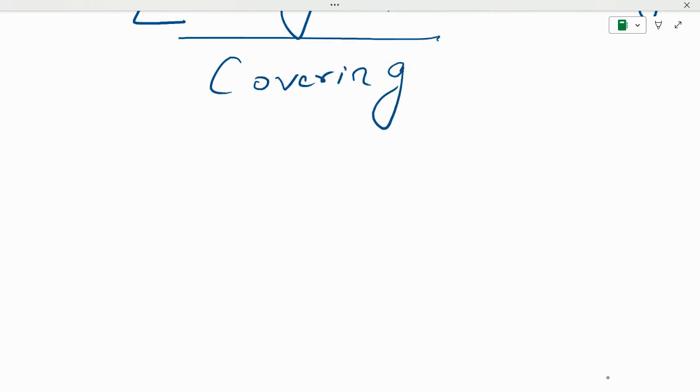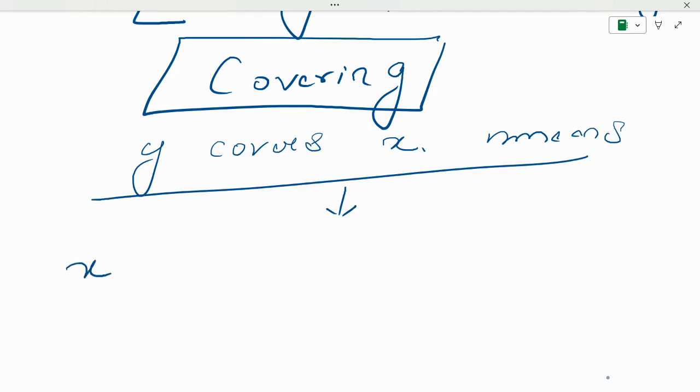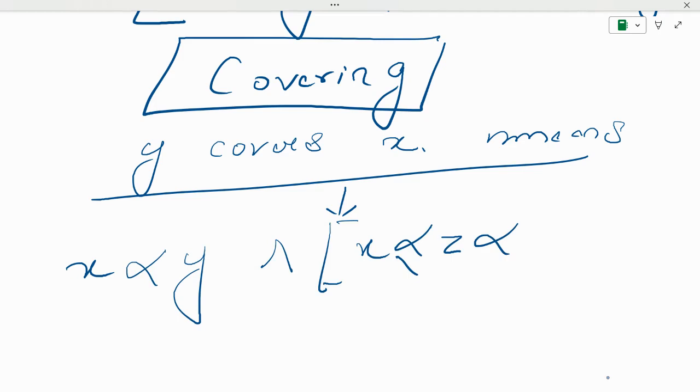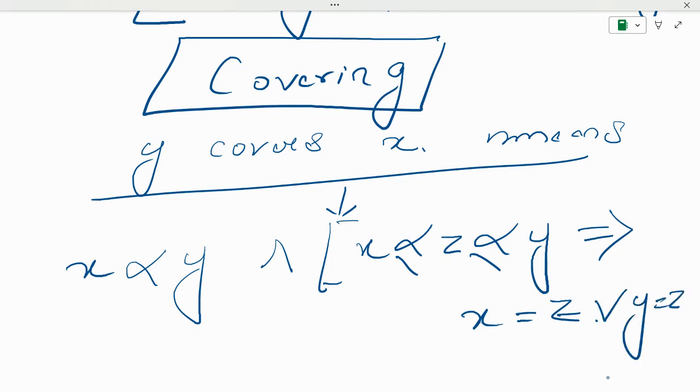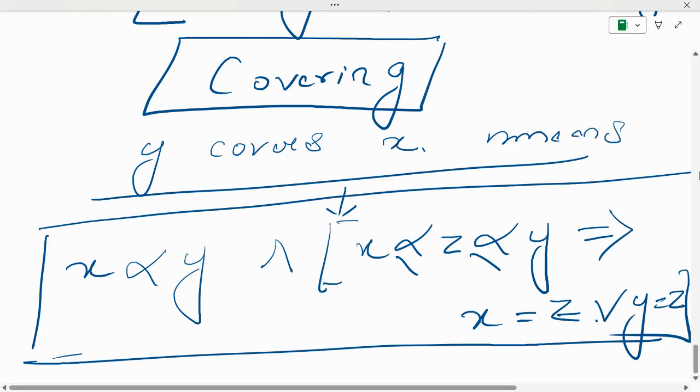Y covers X means X has an associated relationship with Y, and if X is comparable to Z and Z is comparable to Y, that implies X equals Z or Y equals Z. We'll see what that means in the upcoming video on Hasse diagram.